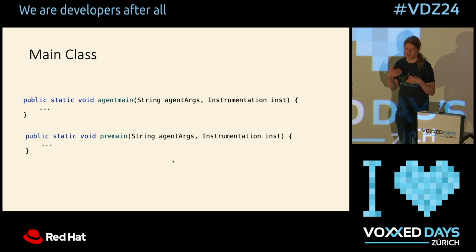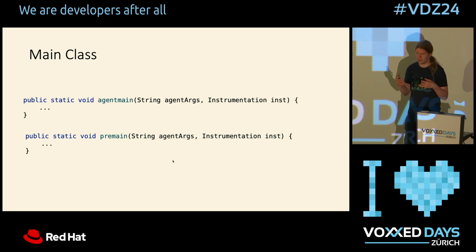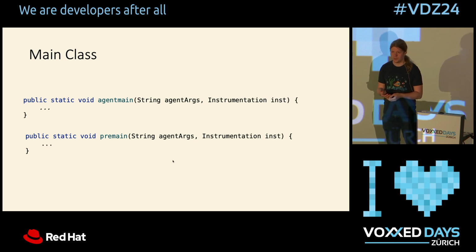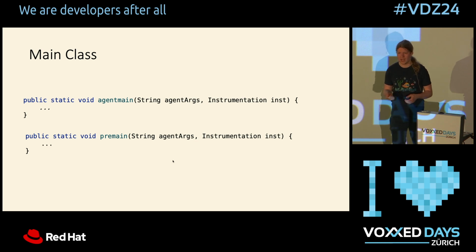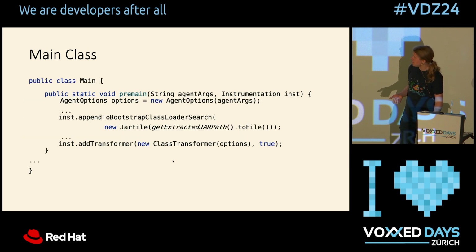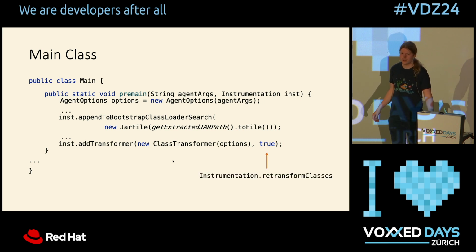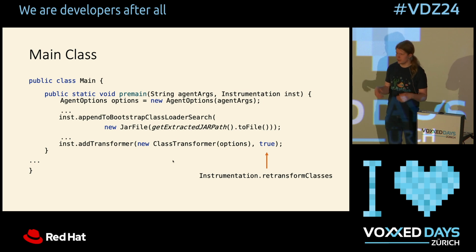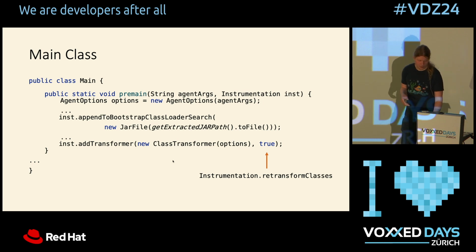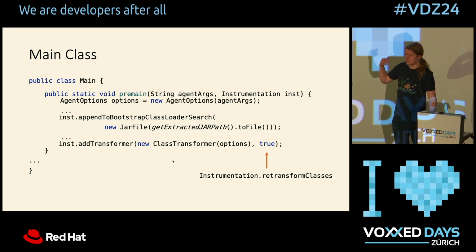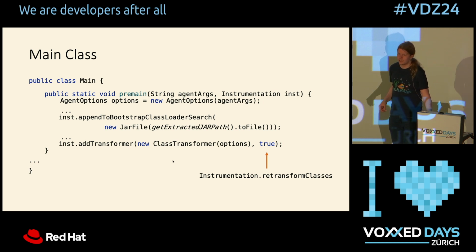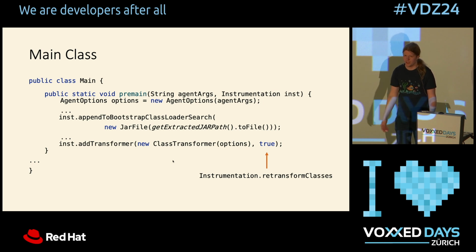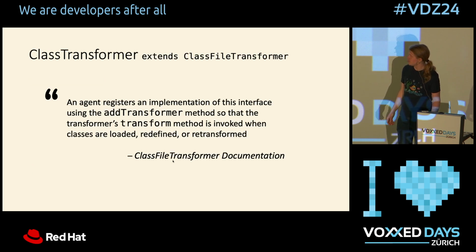And the instrumentation class gives you, as I told you before, access to appendToBootstrap, but also methods to add class file transformers. That's essentially what we do. We add a new transformer, as you see in the last line here, and we also have to tell it that yes, we want the transformer to be able to retransform classes, so to transform them after they've been transformed before.